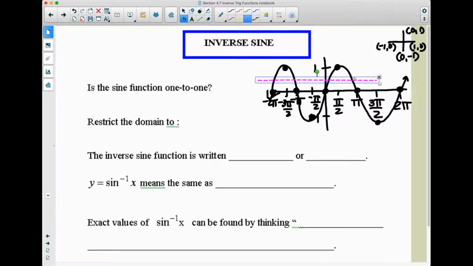So the actual function that we're looking at right now, the inverse is not a function, okay? So what we have to do is restrict our domain so we can still find the inverse. Looking at this graph, I'll give you a hint, we like to make sure we include the first quadrant in our restricting of the domain. So where should we restrict our domain so we don't fail the horizontal line test?